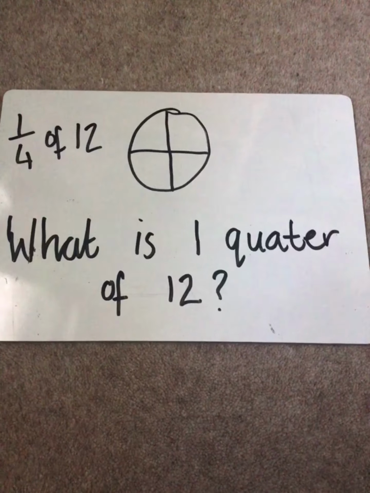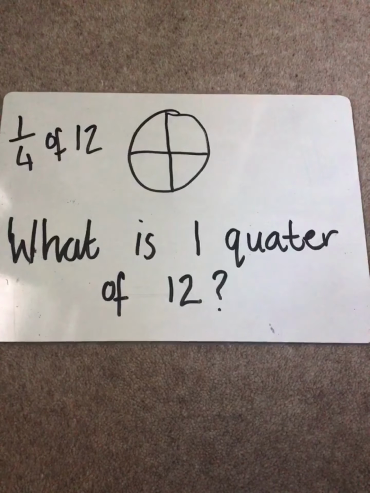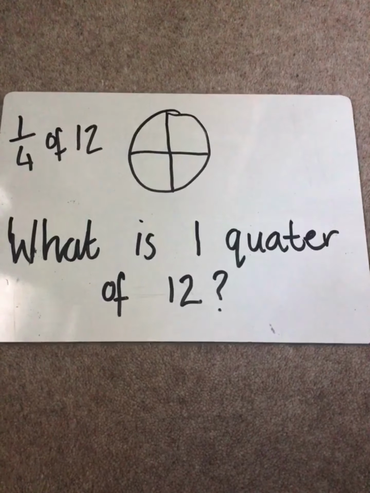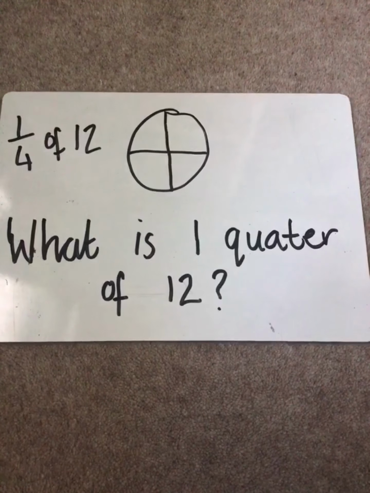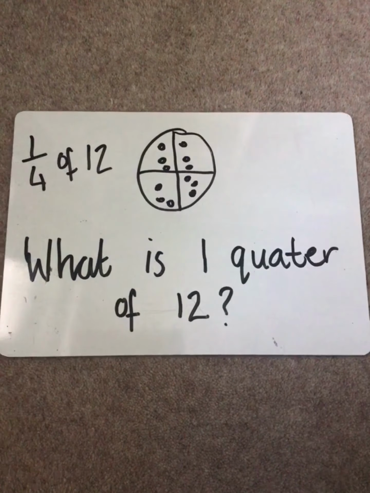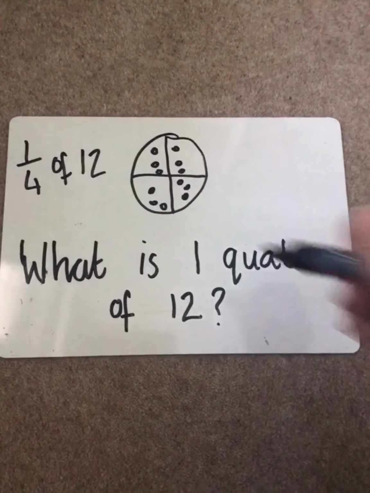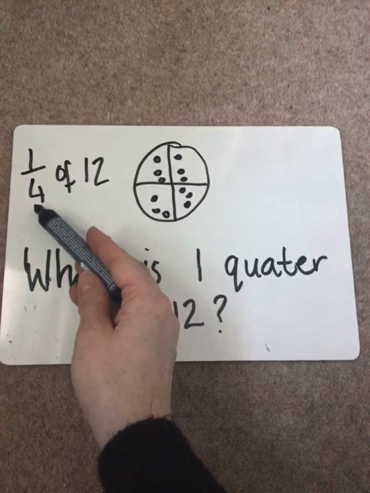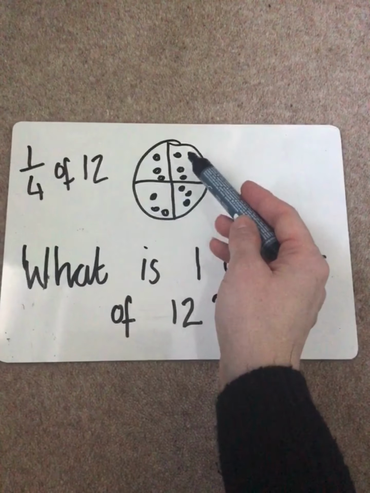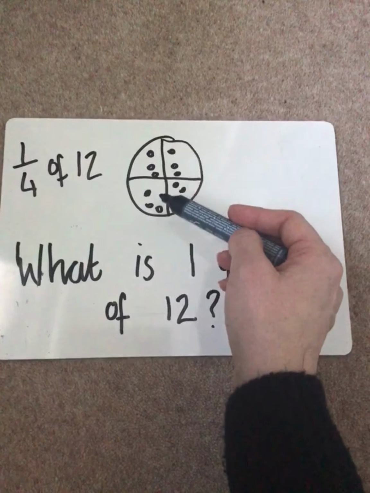Let's try another one. This time I wanted to think about what a quarter of 12 is. What have we got to share 12 between to find a quarter? That's right, we've got to share it between 4. 1, 2, 3, 4. A quarter is 4 equal parts.